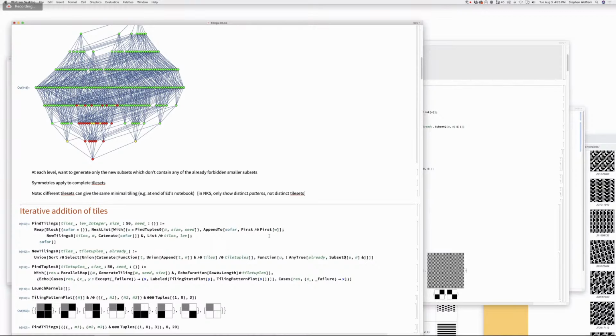I think this code is quite complicated. I'm not sure if I understand it in its entirety. I agree.